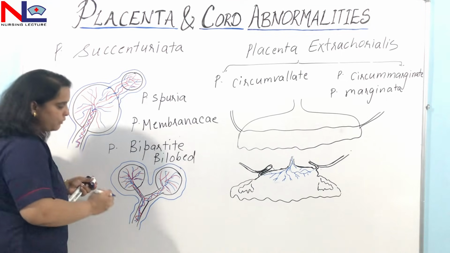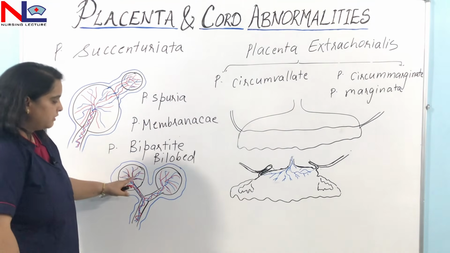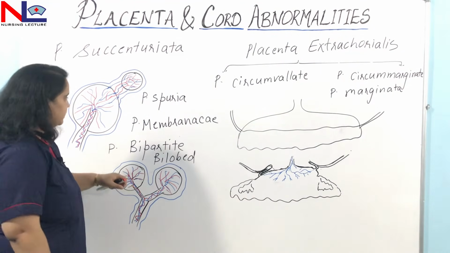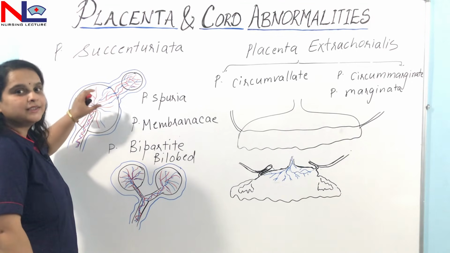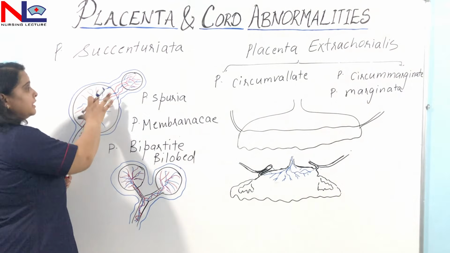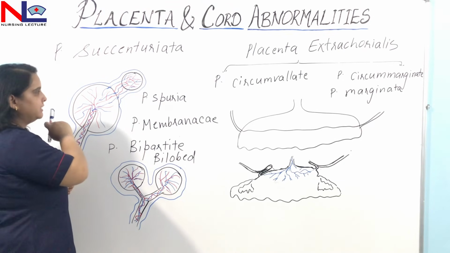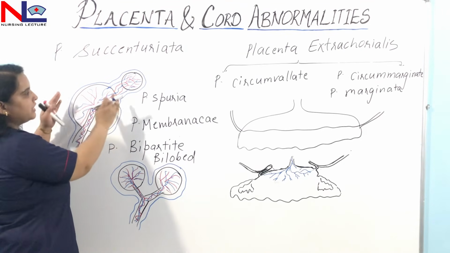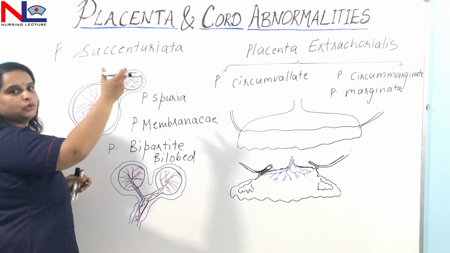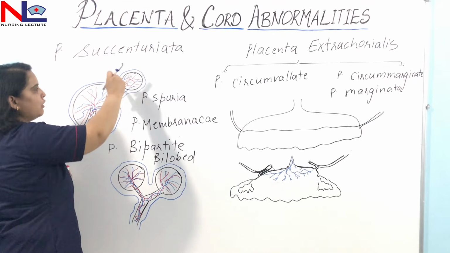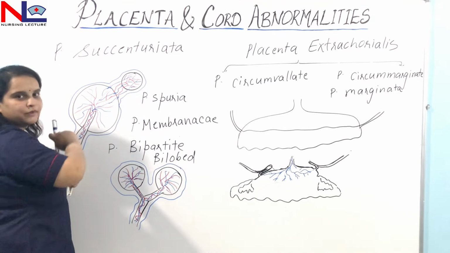So here the lobes are of equal size, and in placenta succenturiata the lobe is forming but it is of unequal size, because this is the main portion and one or two lobes, called cotyledons, attach to this structure.